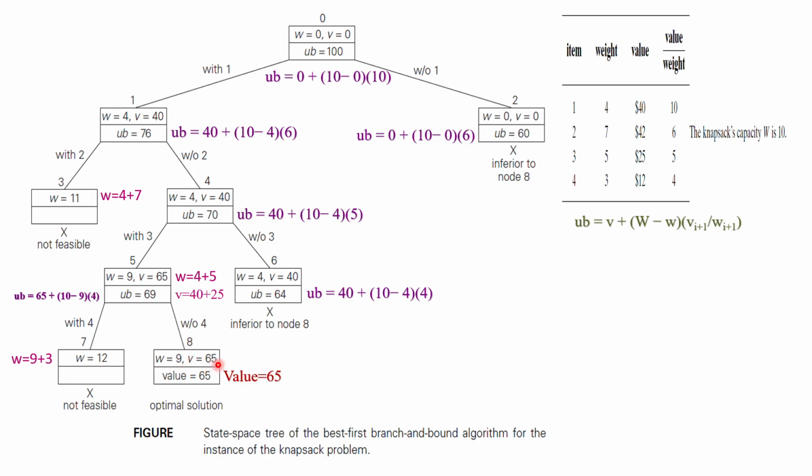Finding UB is not necessary here, and you won't get the ratio of the next item because that is the last item. That value is your solution here. So V is 65. This is your optimal solution here, value equal to 65. This is how you get the solution for this problem.